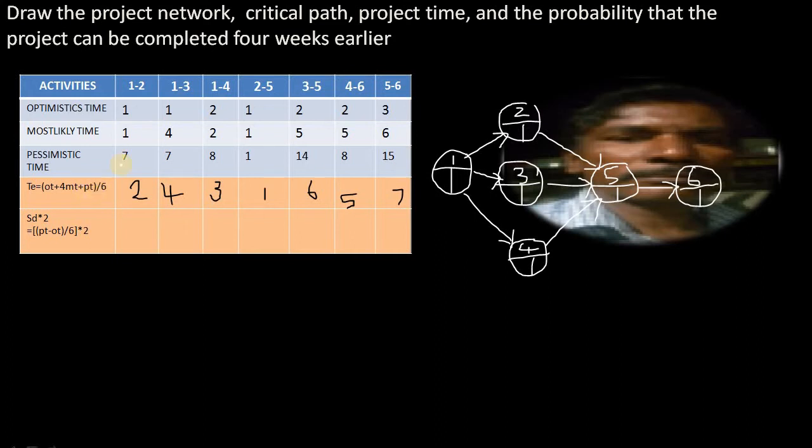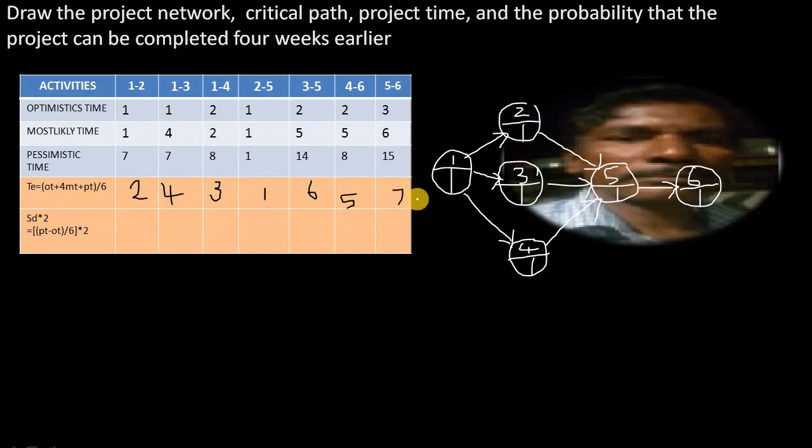If you apply that, for the first activity you will get 2 weeks, the second activity 4 weeks, the third activity 3 weeks, the next activity 1 week, then the next activity 6 weeks, then 5 weeks, and the last one is 7 weeks.